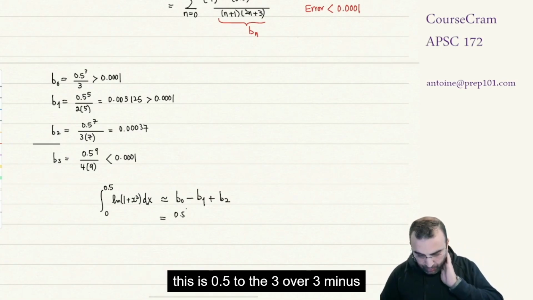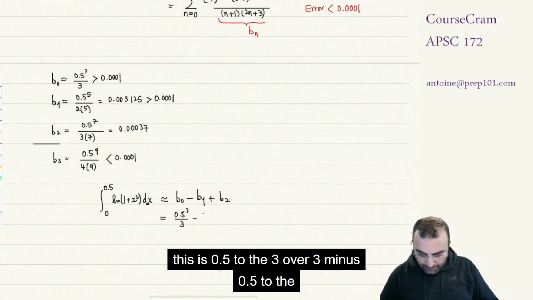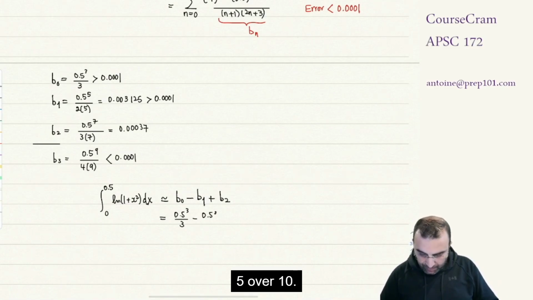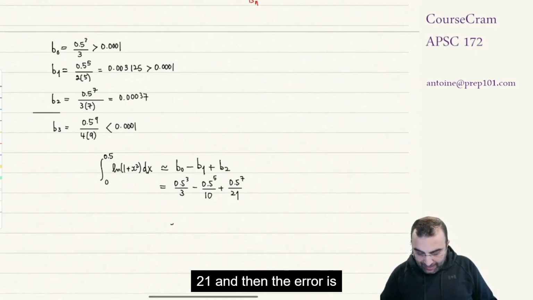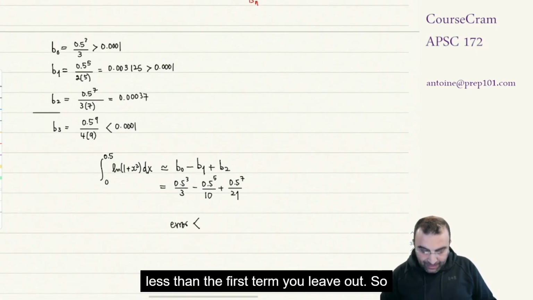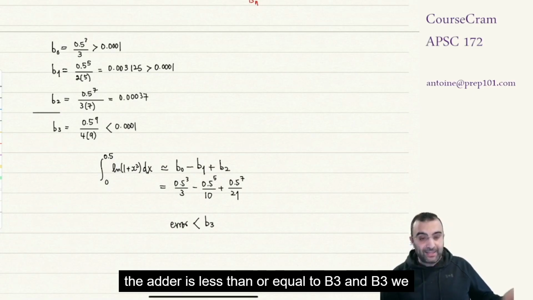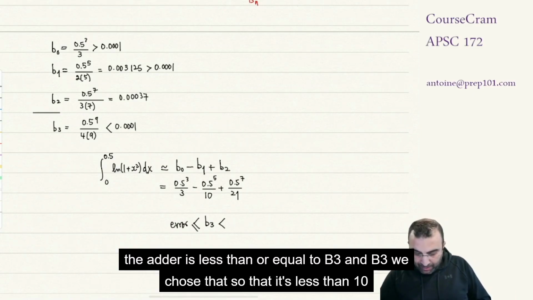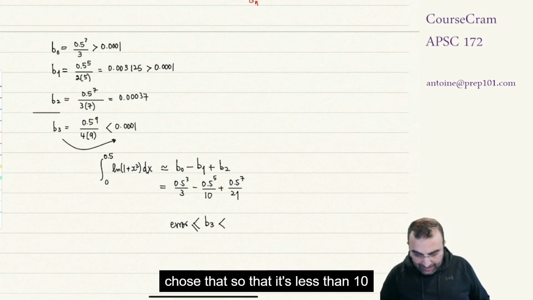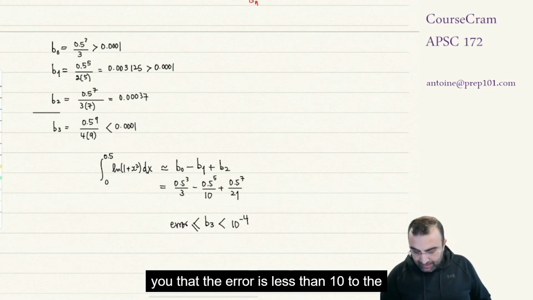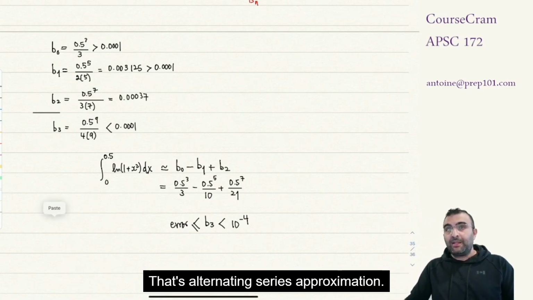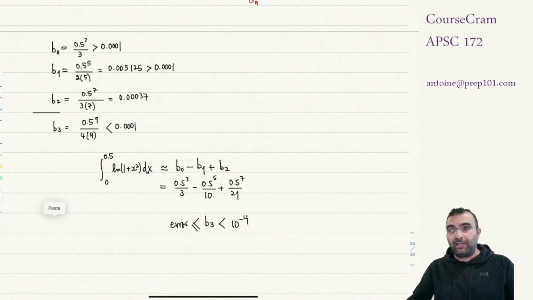So this is 0.5 to the 3 over 3 minus 0.5 to the 5 over 10 plus 0.5 to the 7 over 21, and then the error is less than the first term you leave out. So the error is less than or equal to b3, and we chose b3 so that it's less than 10 to the minus 4. That tells you that the error is less than 10 to the minus 4. That's the alternating series approximation error.